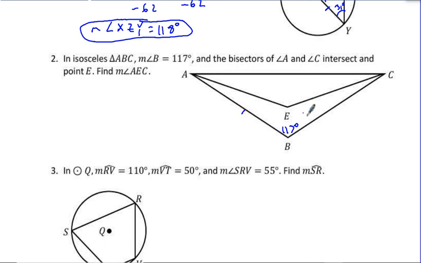And so these sides are congruent, and looking only at the large triangle, if ABC is 117 degrees, then BAC plus BCA would equal 180 minus 117, or 63 degrees.